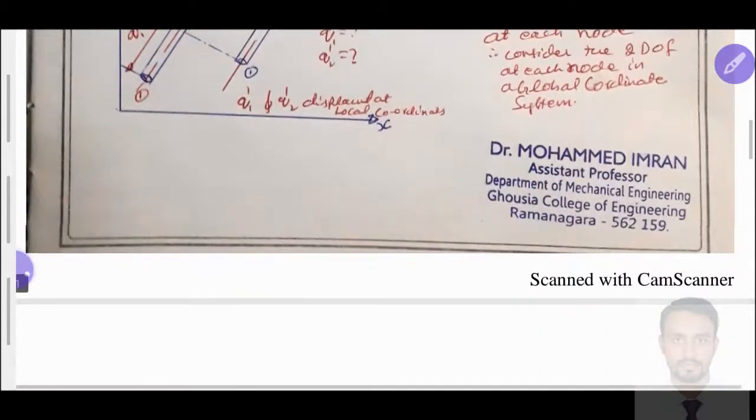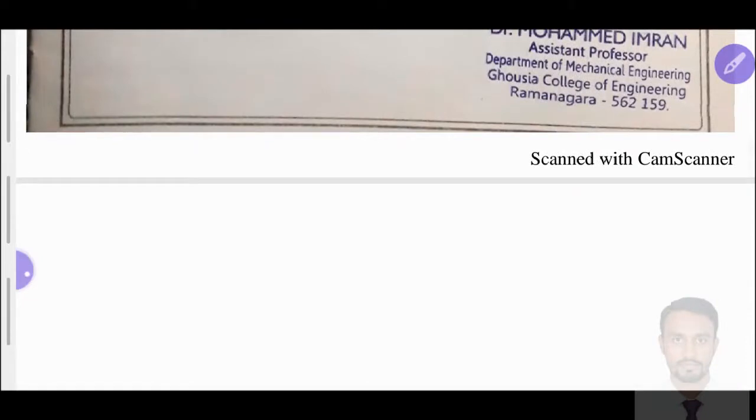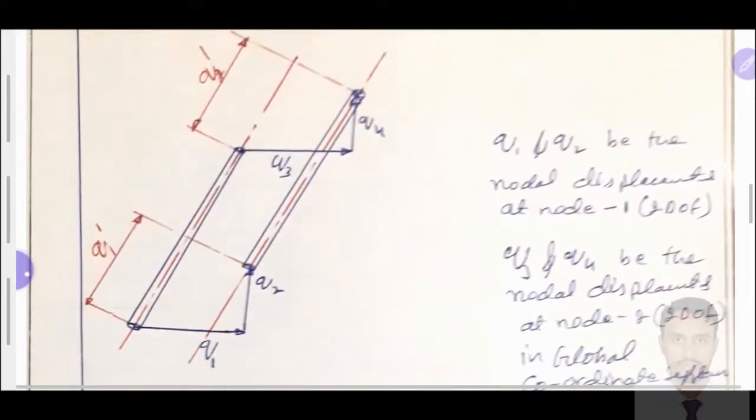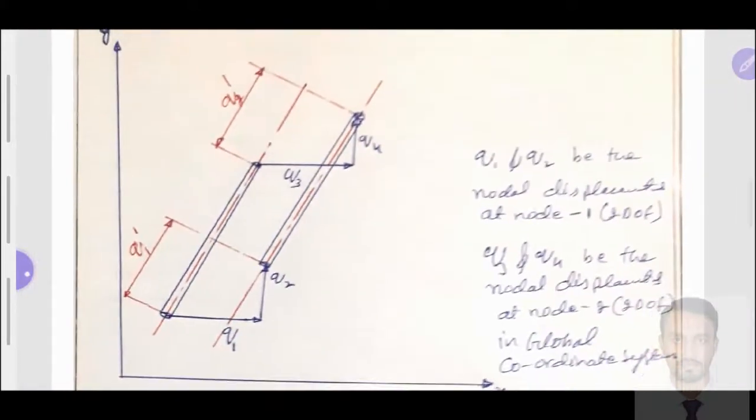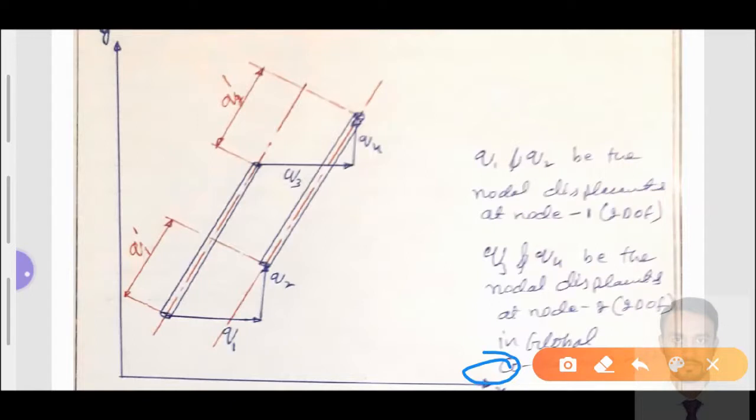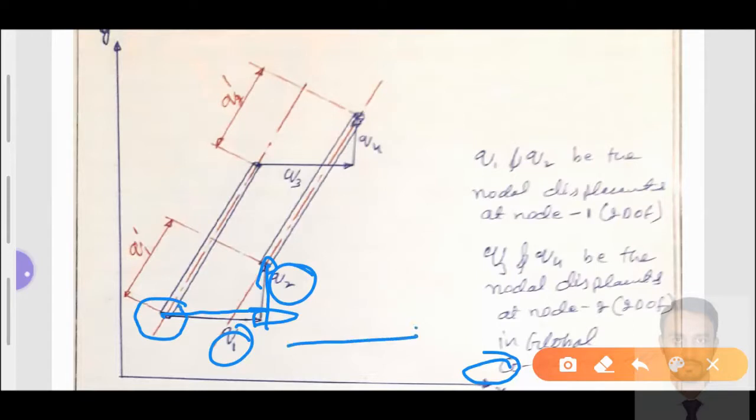Let us see that in each node we are considering 2 degrees of freedom. In the diagram, we have a displacement with respect to the x-axis. Node number 1 will get displaced along the x-axis, q1, and then along the y-axis, q2. So at node number 1, displacement occurs along the x-axis and also the y-axis.